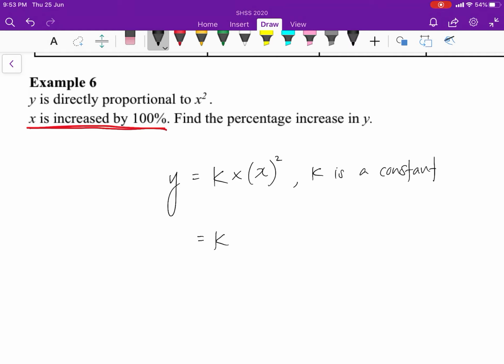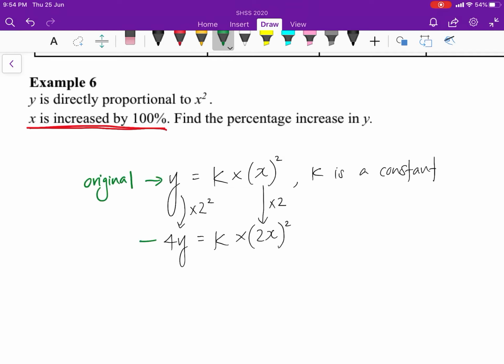So this is multiplied by 2. From the previous concept we learned, if x is multiplied by 2, y will be multiplied by 2 squared, which is times 4. So y times 4 will give you 4y. This is the original one, and this is the after.